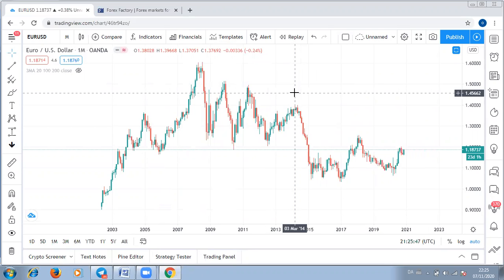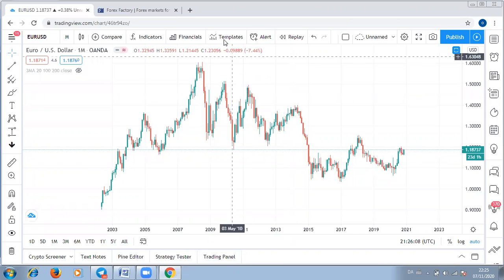Some people place their orders at specific areas, and if you're trading the lower time frame and you don't take note of what is happening on the higher time frame, you will get caught. Maybe you find yourself buying at an area of resistance and selling at an area of support. So with that, I like to draw my support and resistance at a higher time frame.